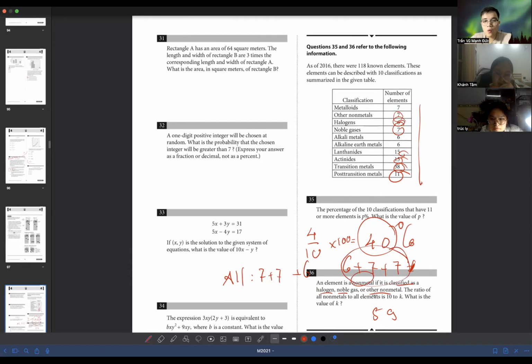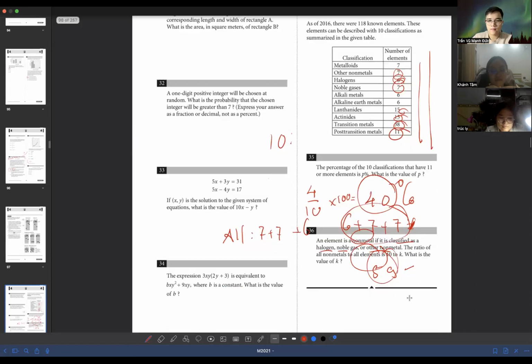And for all elements, you're just going to have to sum everything. Just add everything in, and you get 10 to something, and it is, let's see, 7 plus 59. Very good. Okay.